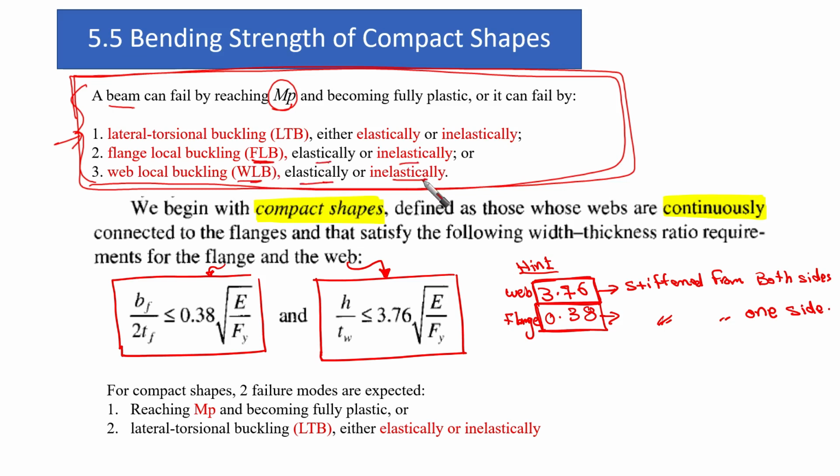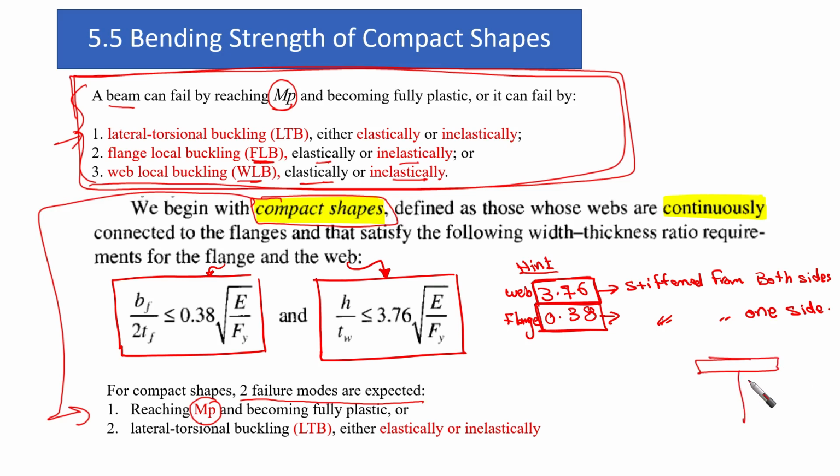Now, for the compact shapes, two failure modes are expected. We are going to reach Mp and become fully plastic, so the entire section is going to be fully plastic. Or number two, lateral torsional buckling, either elastic or inelastic.